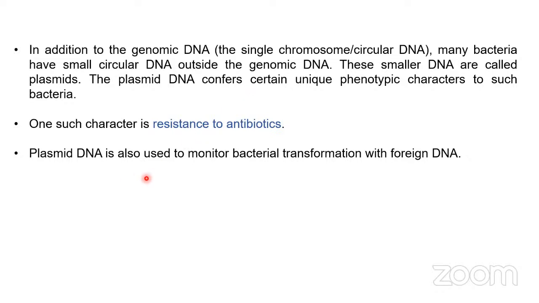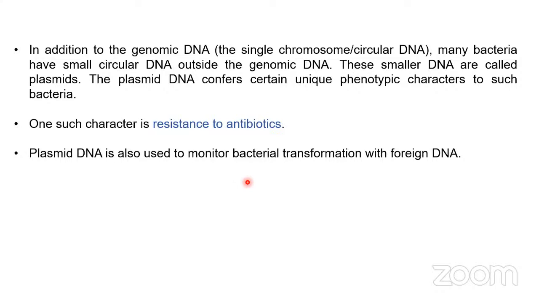Plasmid DNA is also used to monitor bacterial transformation. In the future, or maybe you have studied in biotechnology, we perform the transformation technique. Transformation is when we want a particular gene to be expressed in the bacteria. This is a technique we generally use when performing experiments in the laboratory.